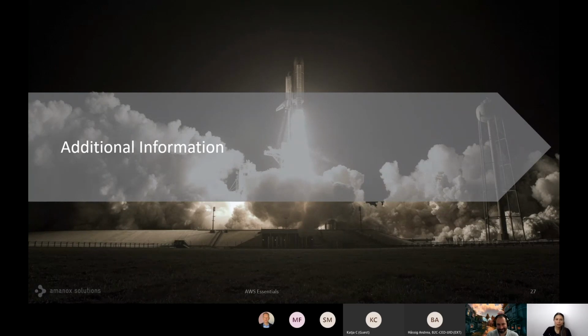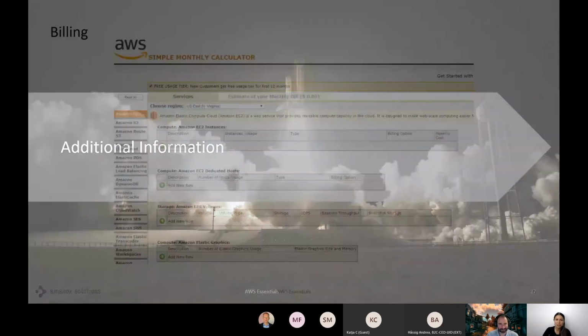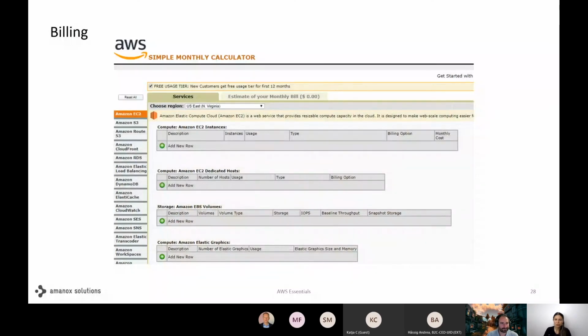Then I'll give you some additional information, which I think is pretty useful when starting with AWS services. As we saw, there are different functionalities and services available, so we can consider it a complex software. We can, of course, ask ourselves how we're going to estimate the costs, because we saw that we have different instance types, different sizes, and we can choose the CPU. So of course the prices differ based on everything.